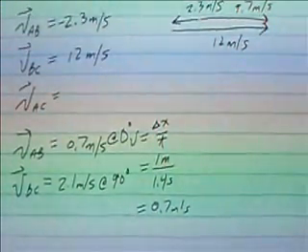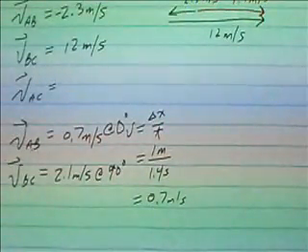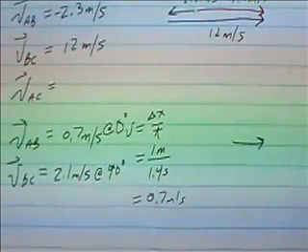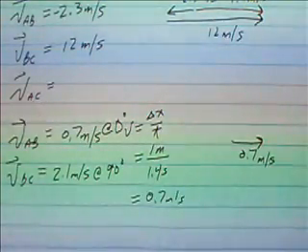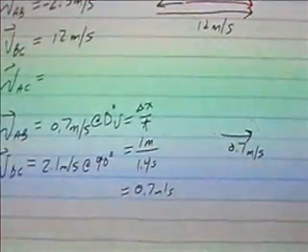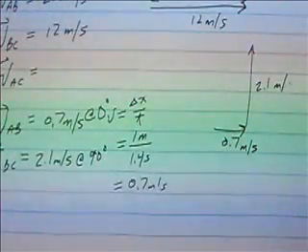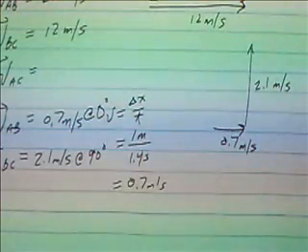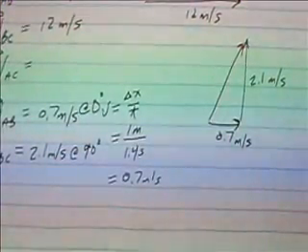And so again, to find VAC, we just take VAB, which is 0.7 meters per second east, and add it as a vector to 2.1 meters per second at 90 degrees. The vector sum then is from the tail of the first vector to the tip of the last vector.